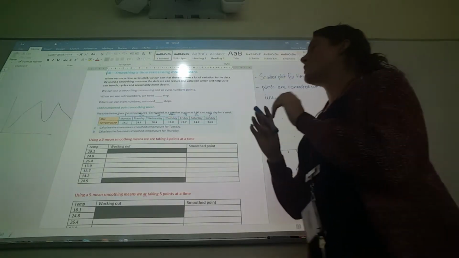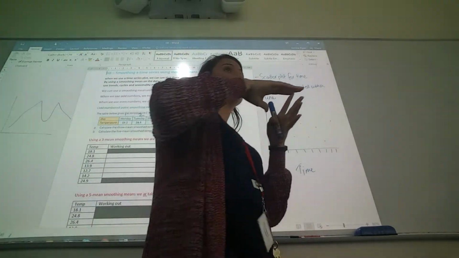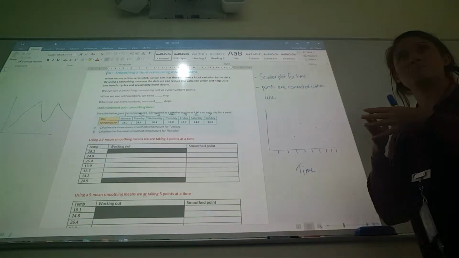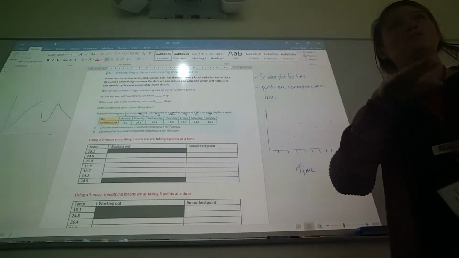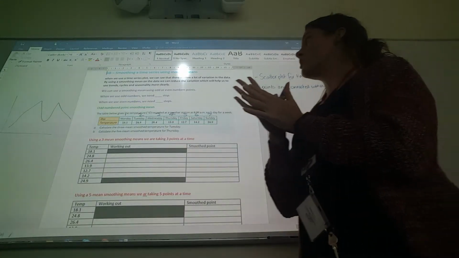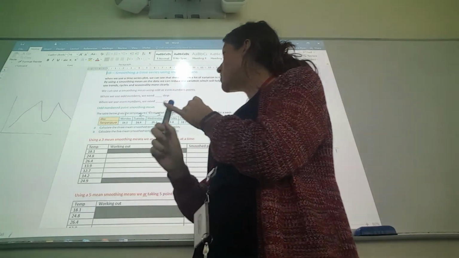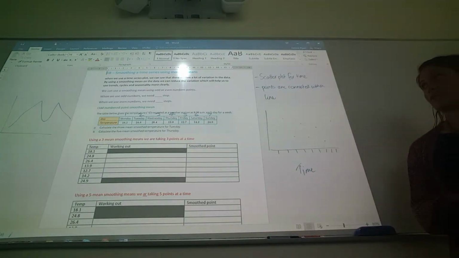So what we can do when we've got a graph that's really varied is use what's called a smoothing mean. That will take out some of the variation from our data points and make it a little bit flatter. There's two ways we can do this. We can do an odd numbered smoothing mean, or an even numbered smoothing mean.